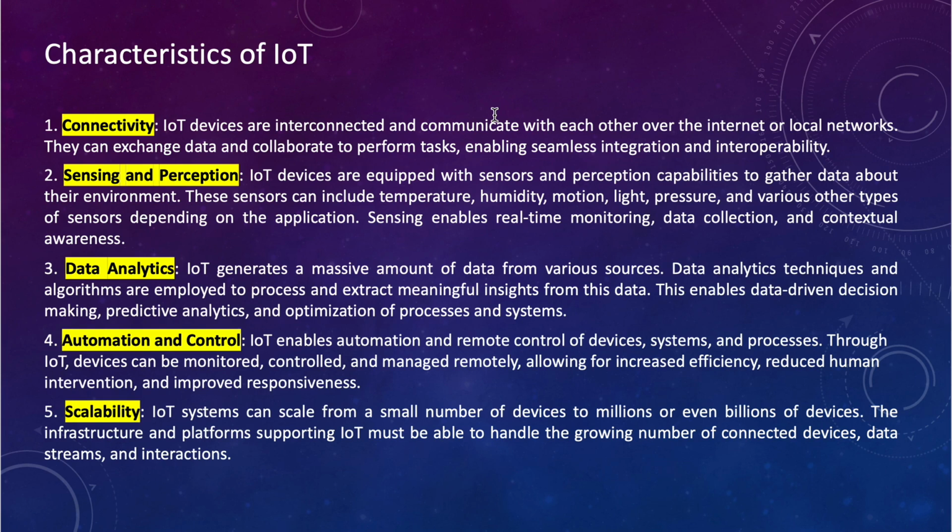Then from data analytics, automation and control, to scalability, right? So now, what does this mean? This is also a feature that has been seen in IoT. IoT systems can scale from a small number of devices to millions, even billions of devices, and the infrastructure and platforms supporting IoT must be able to handle a growing number of connected devices, data streams, and interactions.